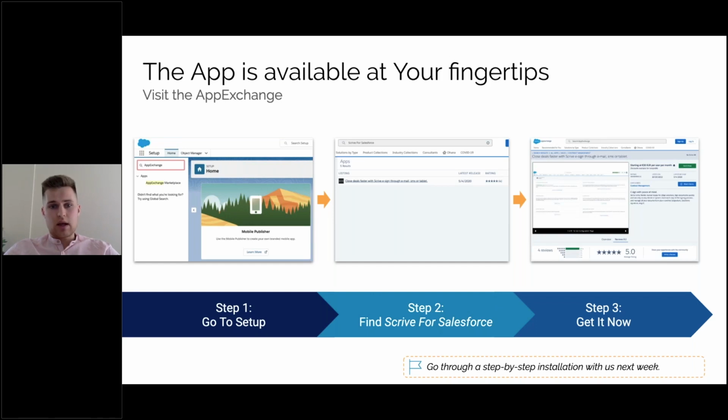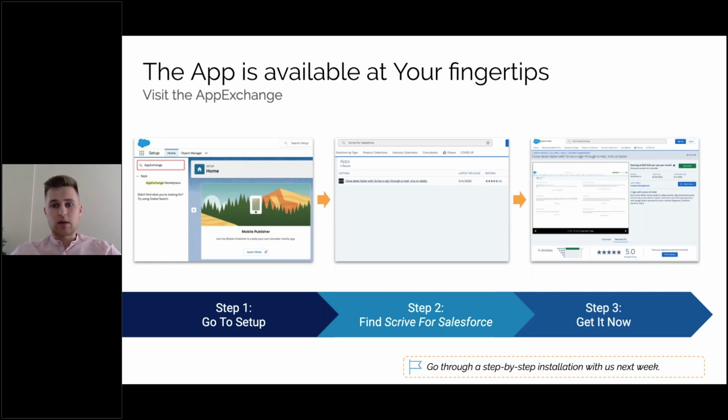After starting the AppExchange, the next step is to find Scribe for Salesforce and select our application. The last step is to click Get It Now and install the application on your company's platform. And even though it's only 3 steps, for less experienced users it may be concerning, it may be a little bit difficult.